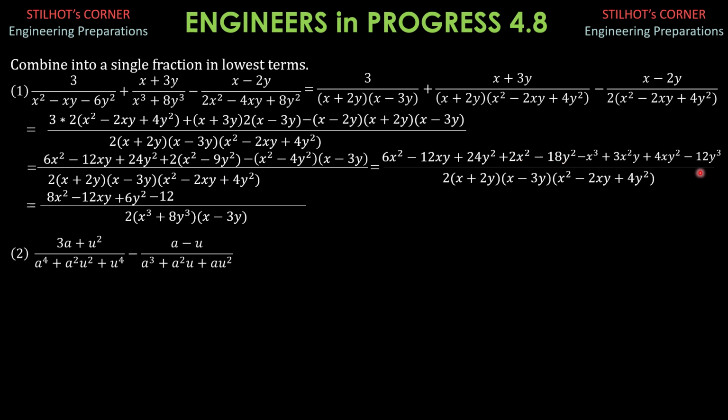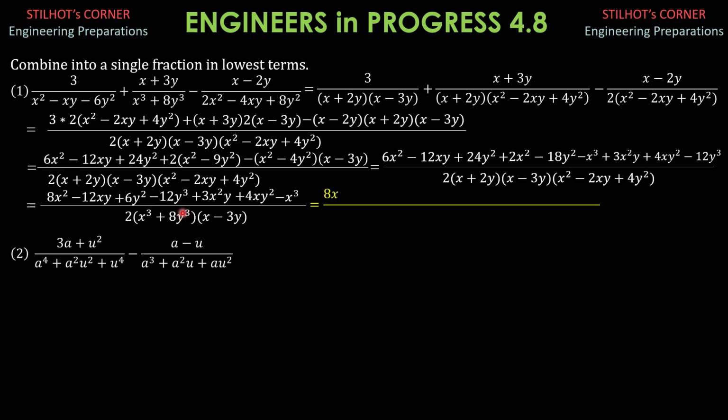Then minus 12y cubed plus 3x squared y plus 4xy squared, then minus x cubed. So actually this is the final answer.